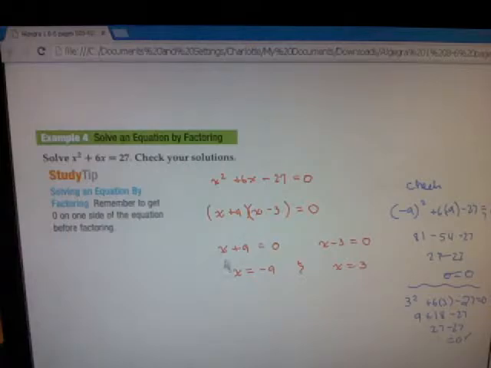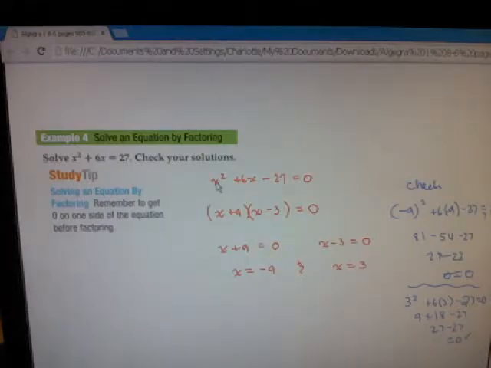So now I can say x plus 9 equals 0. And if you move a positive 9 over, that gives you a negative 9. And then I can say x minus 3 equals 0. Move my negative 3, and that will give me a positive 3. Then they want us to check. So I have to take this formula, which we're now calling a quadratic equation, and put the negative 9 in place of the x.